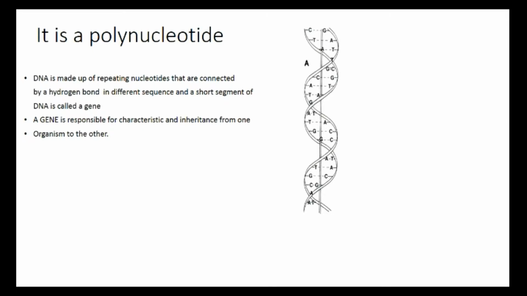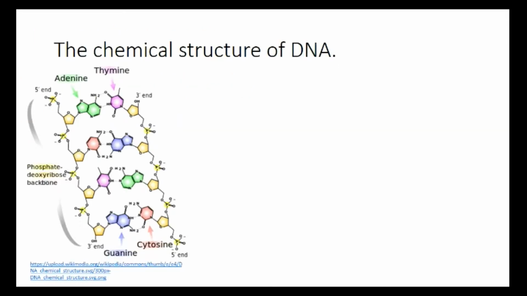Moving on, the chemical structure of DNA. On the structural form, at the 5 end, there is a phosphate group that alternates with a sugar, which in turn alternates with a nitrogenous base, like over here.